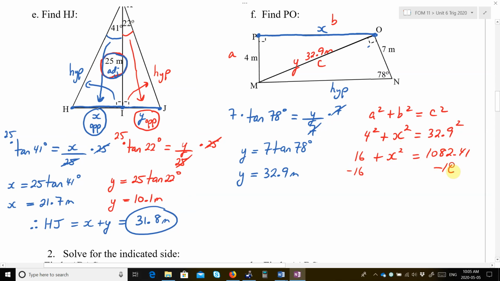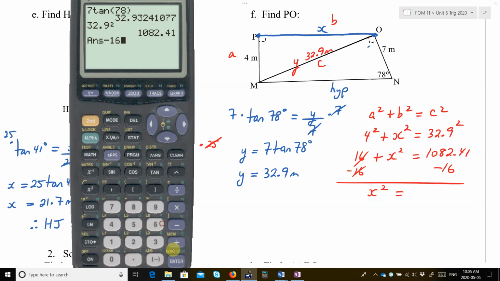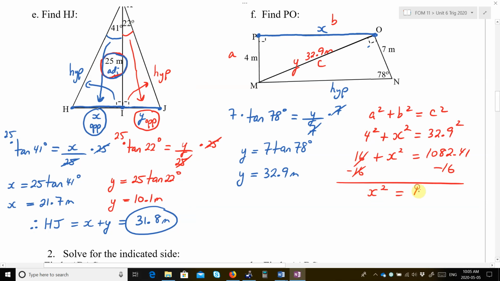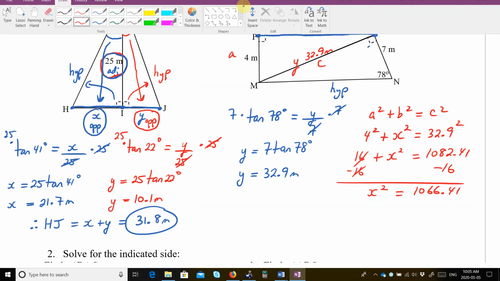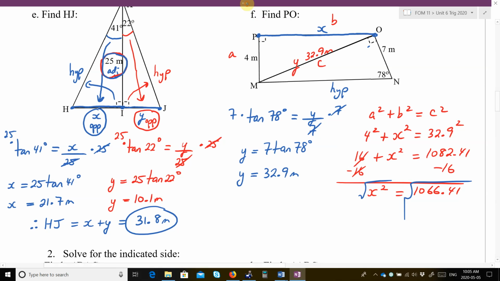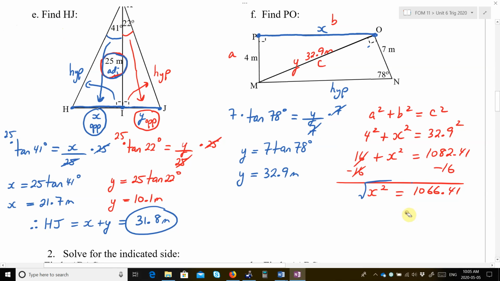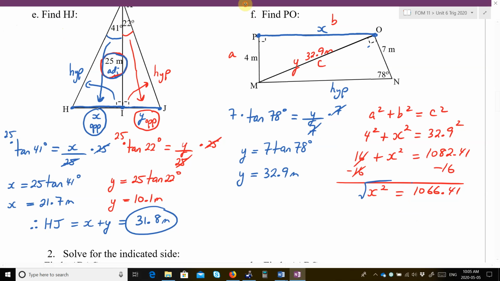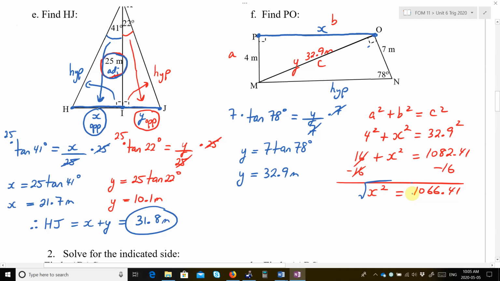Subtract 16, x squared equals 1066.41. And then you go square root, plus or minus.